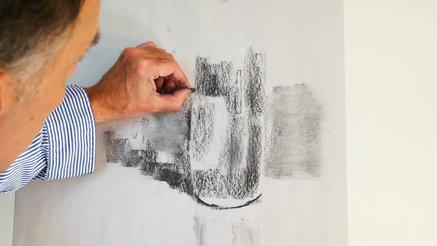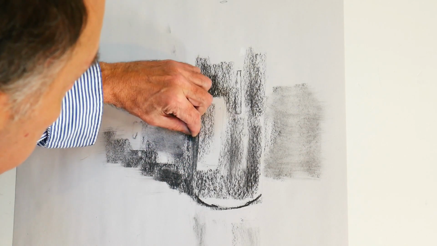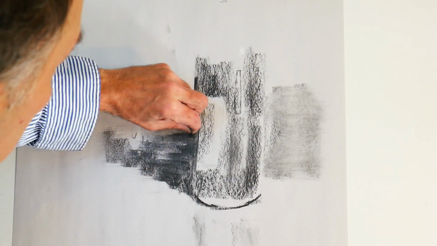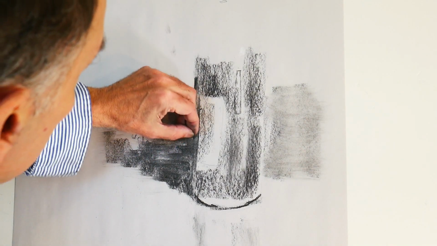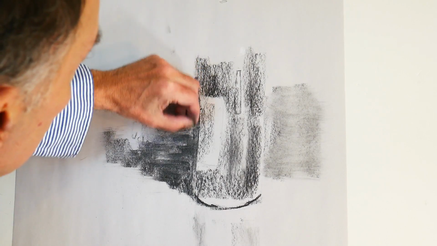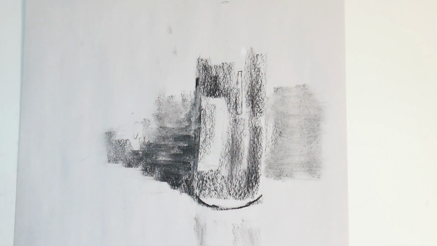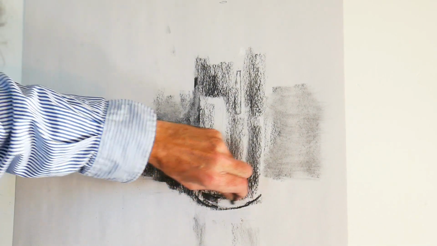This line here could be a little more even this way. Oh, losing my stuff. And let's go ahead and just darken this up a little bit on the bottom.